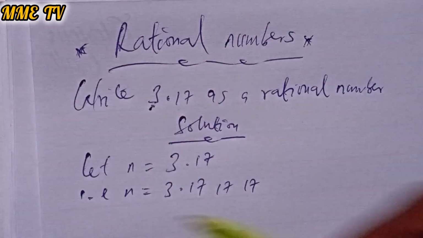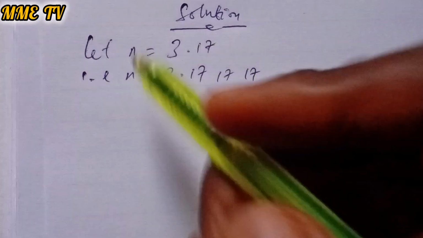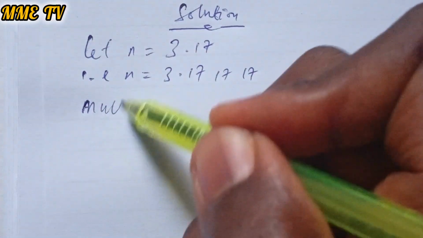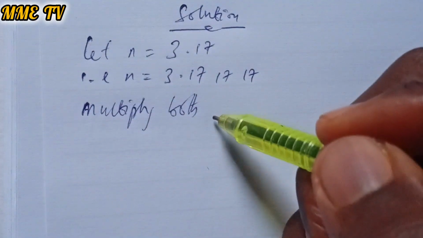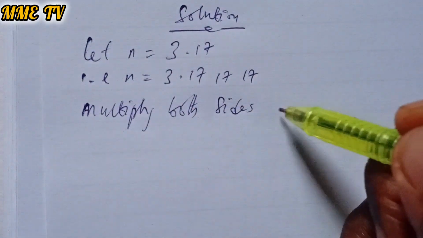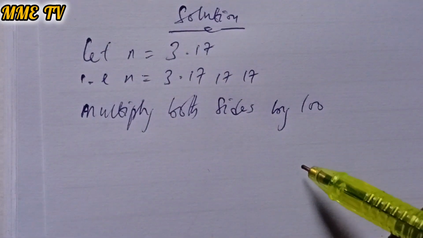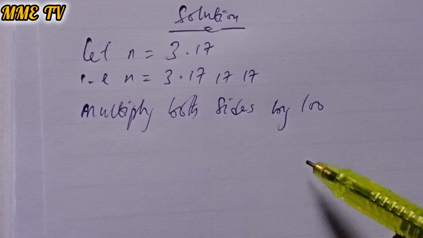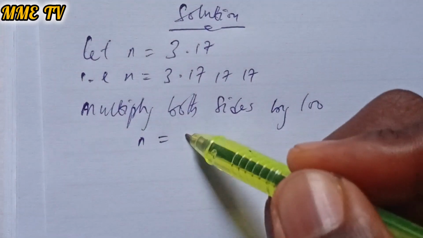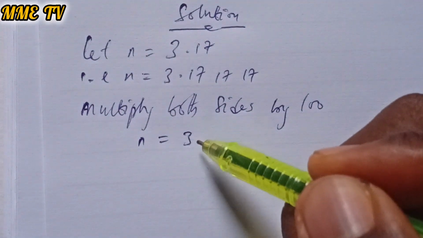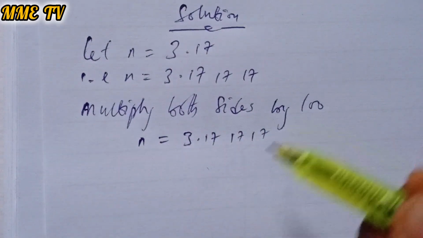Now, the next step for you to follow is that you are going to multiply both sides by 100. What are the both sides? n is equal to 3.171717.